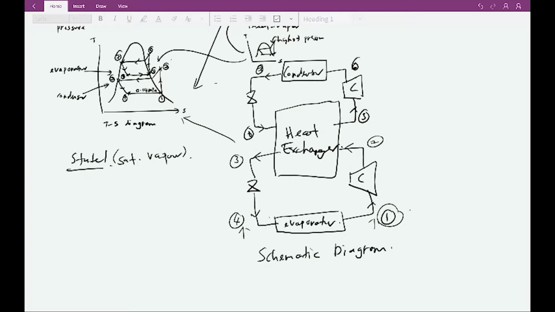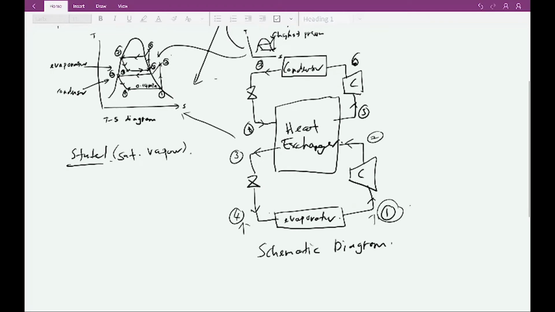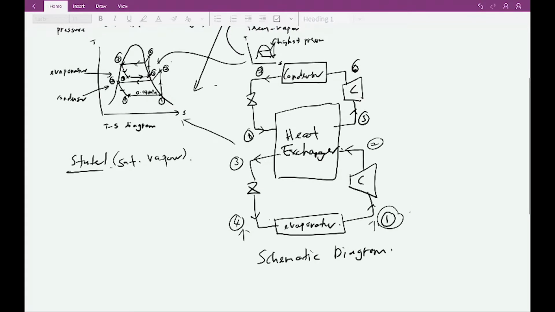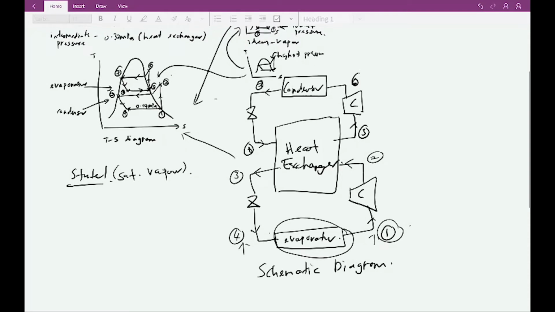If it is not fully vaporized, it is still a mixture of liquid and vapor. But when engineers design this refrigeration cycle, we must make sure the evaporator length is long enough so that all of the liquid changes into vapor. So the state should be saturated vapor, and the enthalpy h1 must equal hg at that pressure.